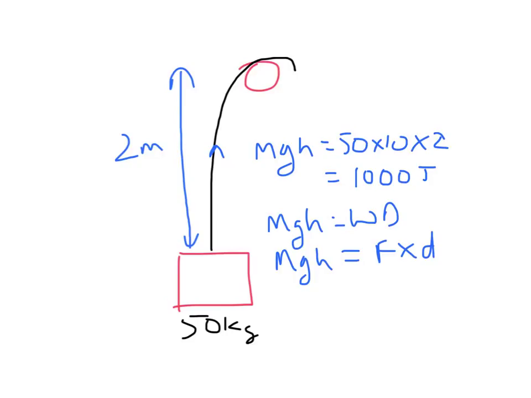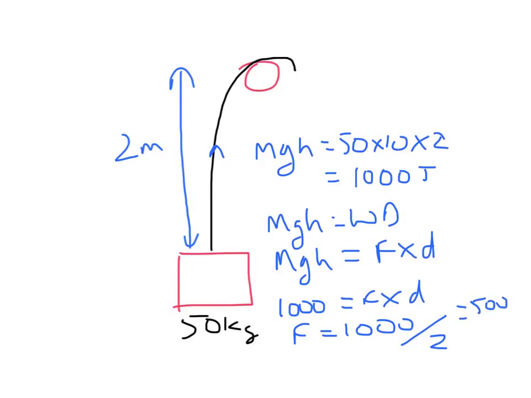We know that mgh is 1,000 joules, so 1,000 equals force times distance. So force is equal to 1,000 divided by 2 meters, so it's 500 newtons. Therefore 500 newtons of force is required to move that block.